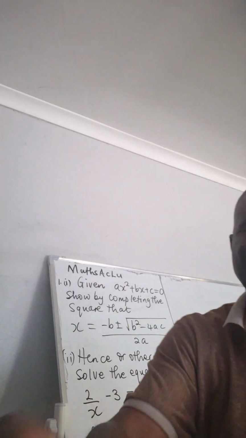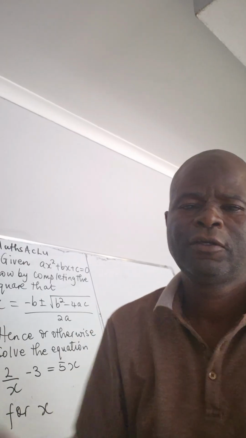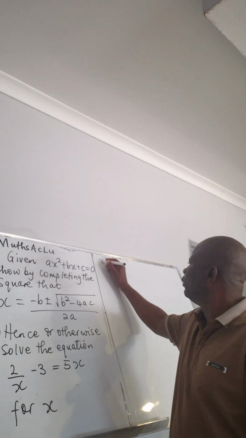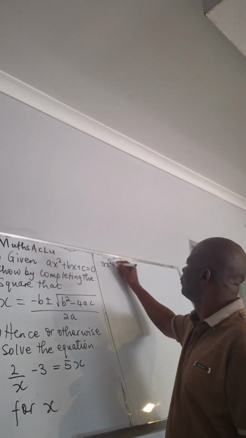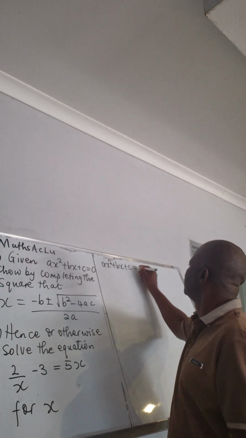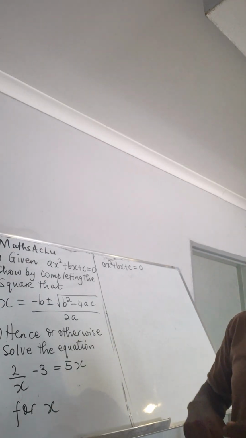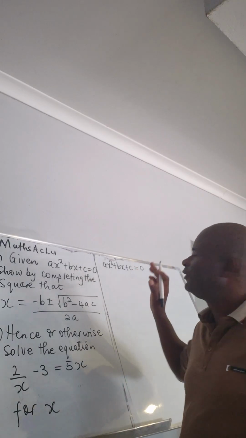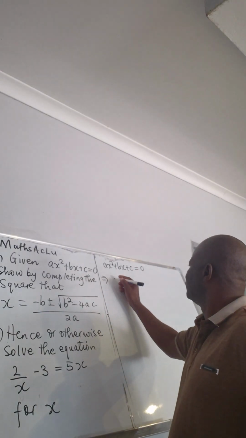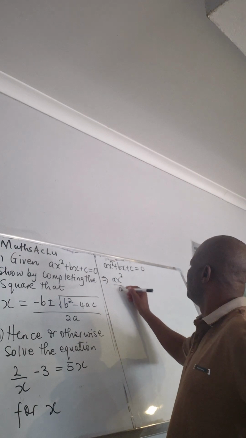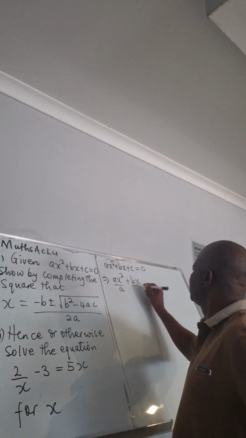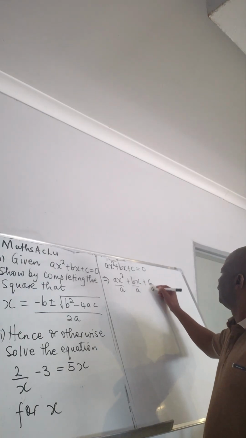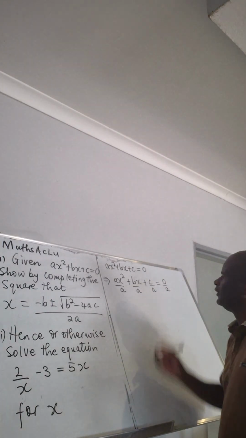The starting point is, as I said earlier, when you have an equation x squared plus bx plus c equal to 0, you want to complete the square. You must make your coefficient of x squared 1. So that means we are going to divide everything by a, equal to 0 over a.